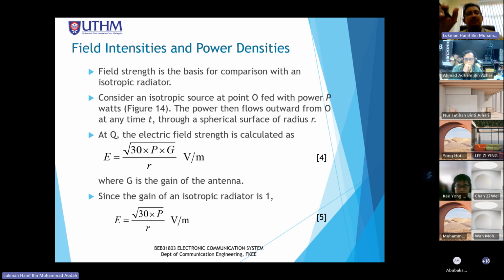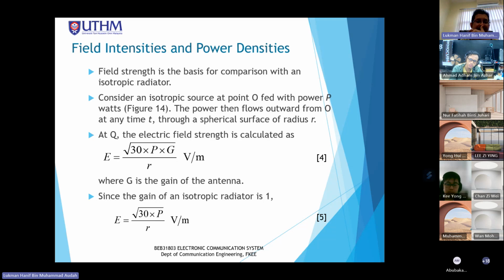So when we talk about electromagnetic wave, that means we have the electric field and also we have the magnetic field. Electromagnetic means that we have electric field and also the magnetic field.